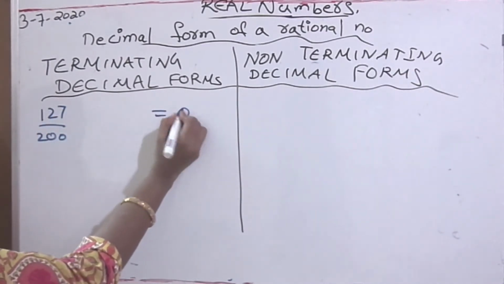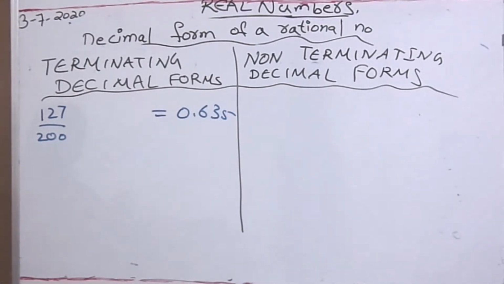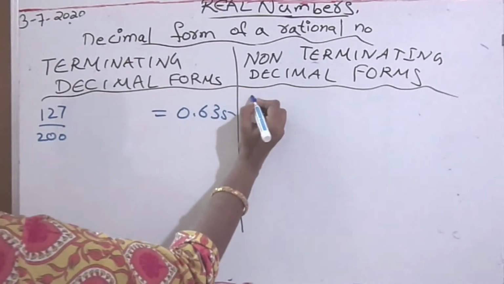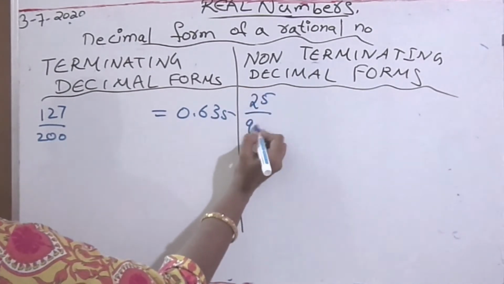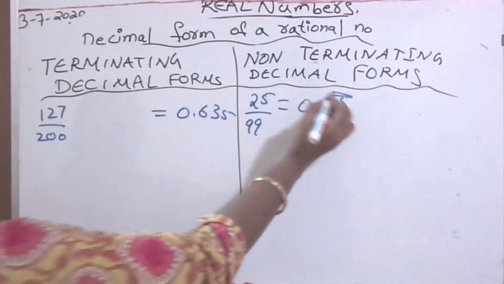I'll write it out here a little. 0.635. It was terminating. Okay, it was getting over. The next one, 25 upon 99. It was not getting over. 0.252525 was going on getting repeated. So 25 upon 99 is equal to 0.25 recurring.